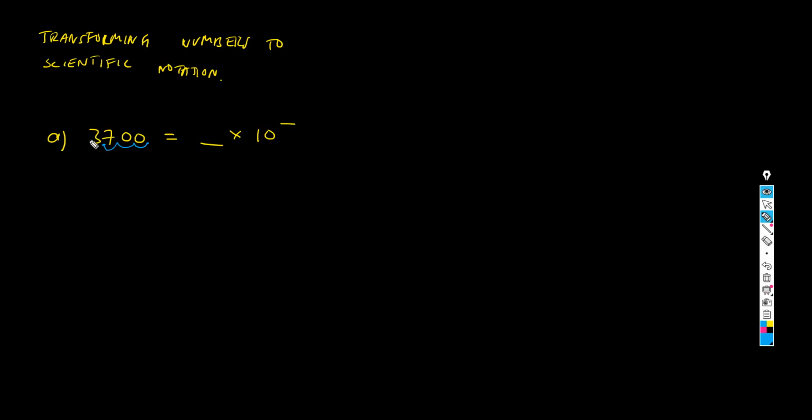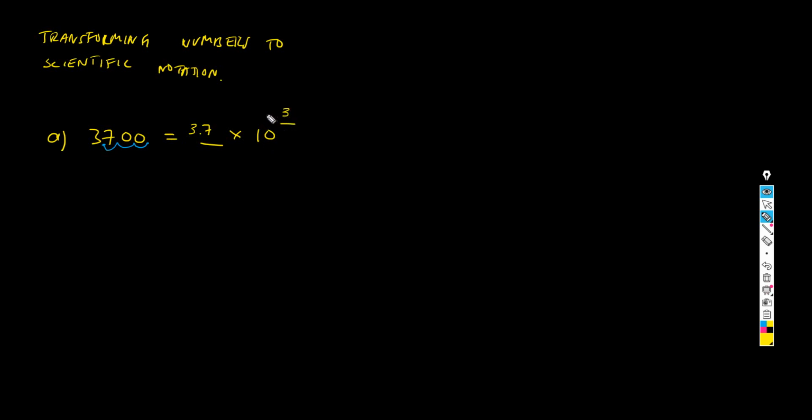The number I came up with is 3.7, and that's the number I need to put in here: 3.7 times 10, and what's gonna be the exponent? Well, it's the number of places that I moved, in this case to the left. So it's gonna be 3.